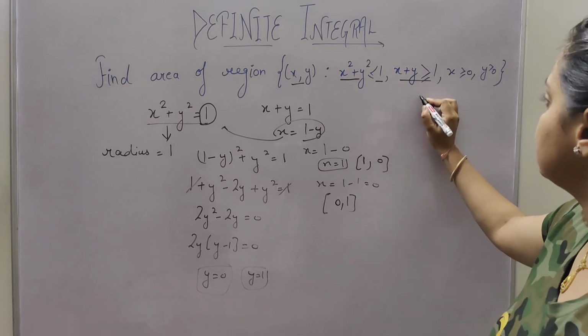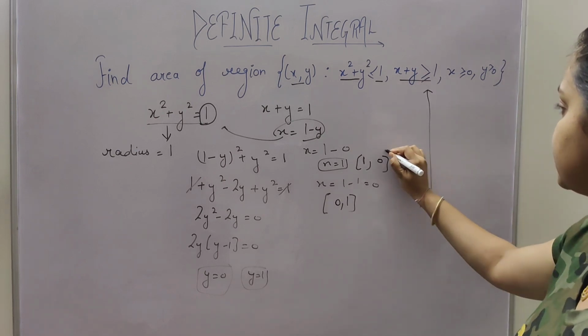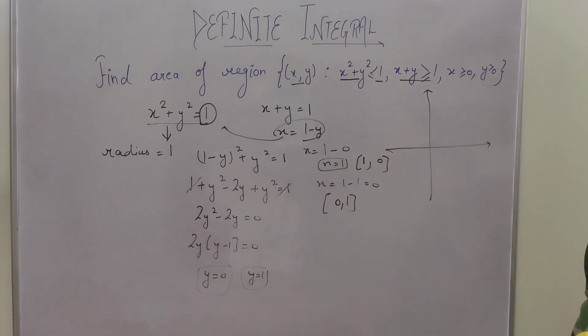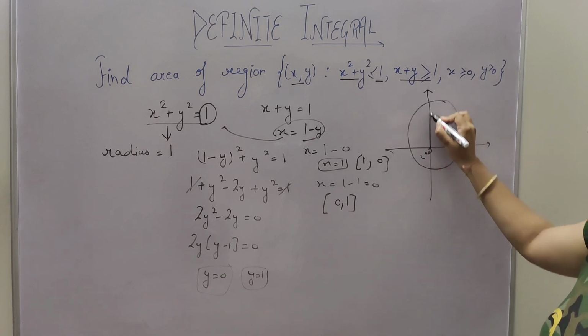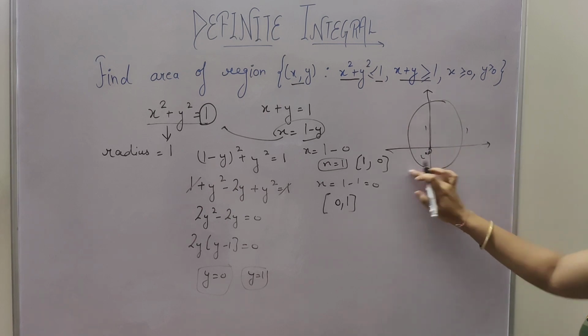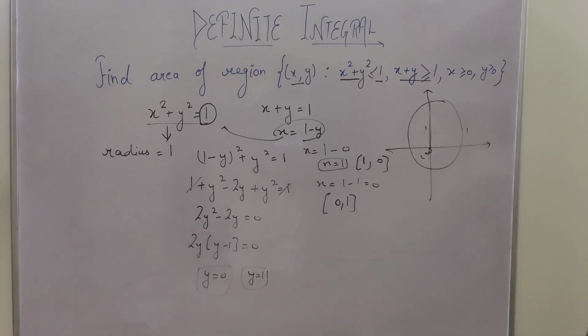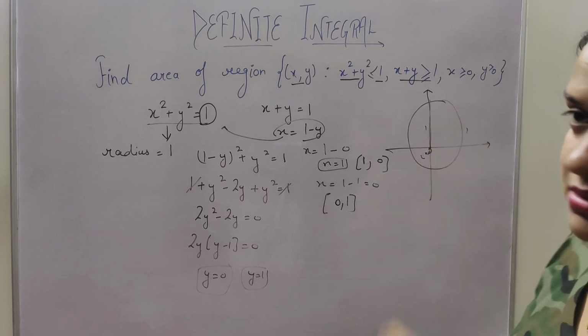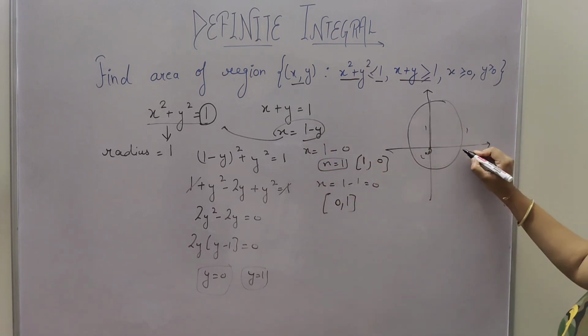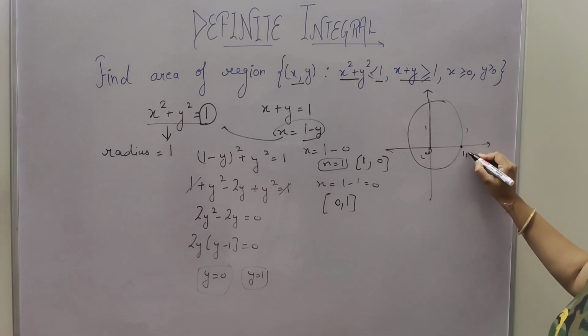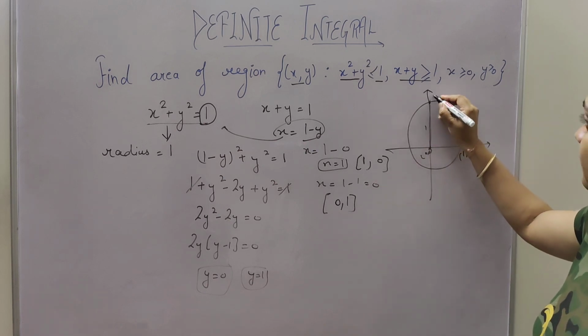So we are just going to draw a rough sketch of the circle and a line. Suppose this is a circle because it has a radius of 1 in every quadrant. This is a circle and the line touches it at 1, 0 and 0, 1.